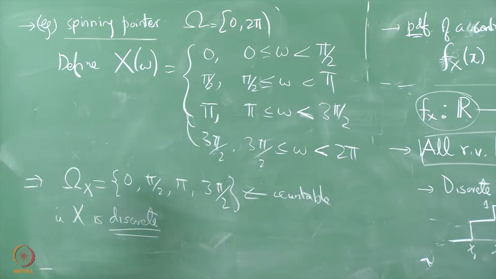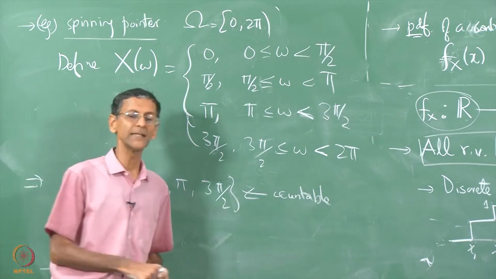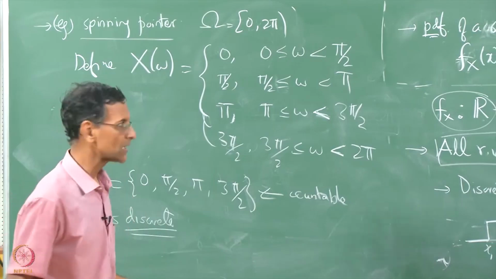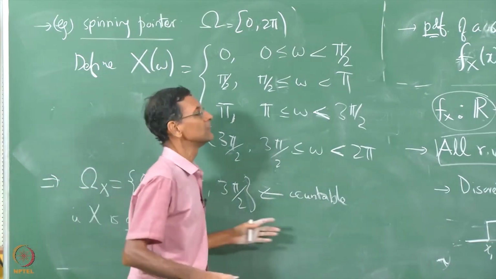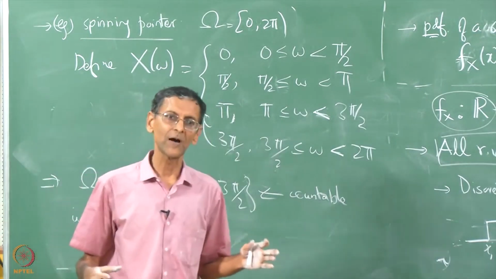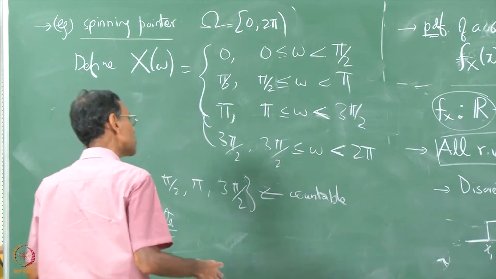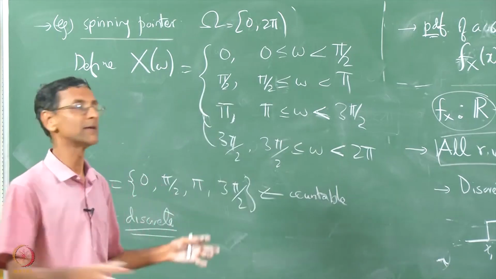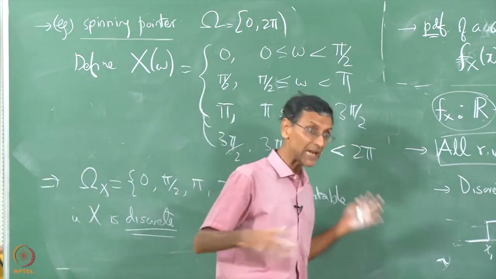I hope that with this the idea of a continuous random variable is clear, and we have understood how to marry the idea of CDF and PDF with a random variable.